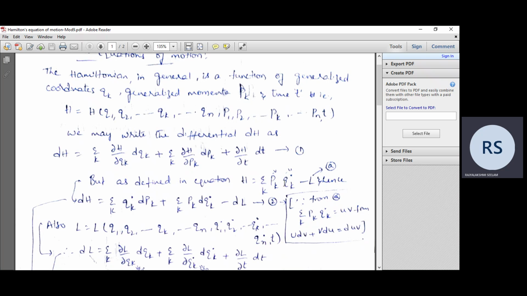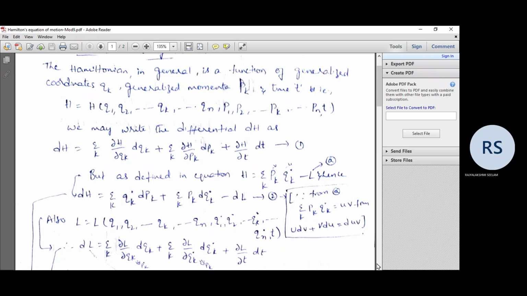It is in the form of u derivative v, so we can express the derivative of pk qk dot as sigma k qk dot dpk plus sigma k pk dqk dot. That means u derivative v plus v derivative u, minus the differential dL. Like this, we have expressed the differential equation for H. This is equation number 2.